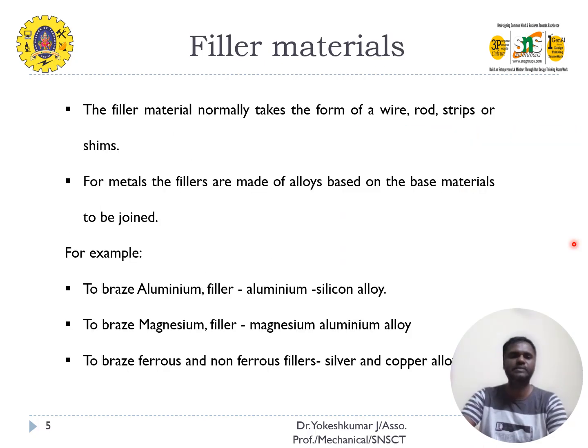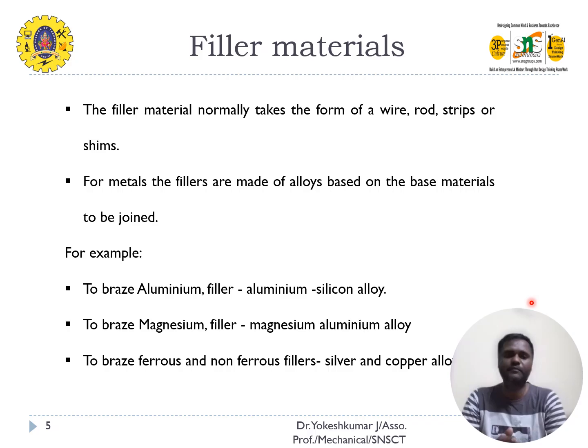The filler materials used in the brazing process are normally in the form of wire, rod, or strips, or even skims can be used as a filler material. Usually the filler material is approximately the same as the composition of the parent metal.